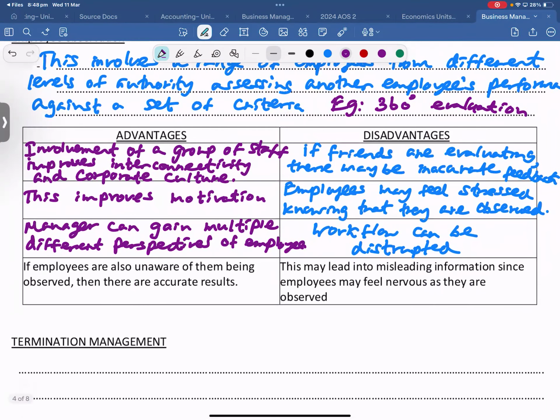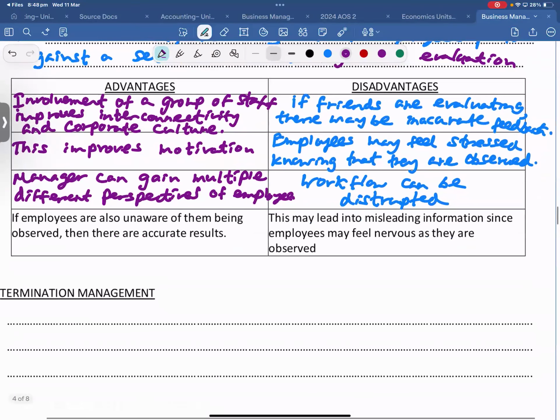Now, Lavanya, can you give me a summary of what we did so far? What are the four methods of performance management? I forgot everything. You don't have to say them in order, you can say any as you remember.